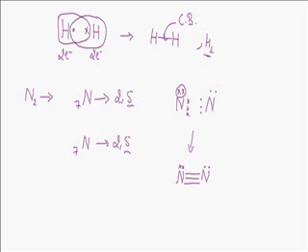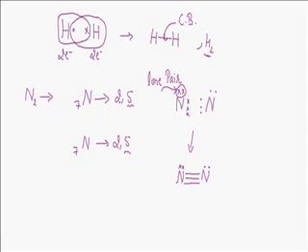In a nitrogen molecule, we can see 2 kinds of electron pairs. First, this electron pair does not participate in the bond formation, and this kind of electron pair which doesn't take part in bonding is termed a lone pair of electrons.